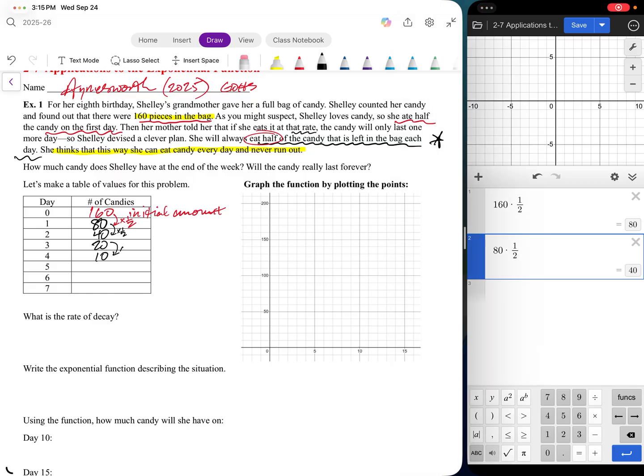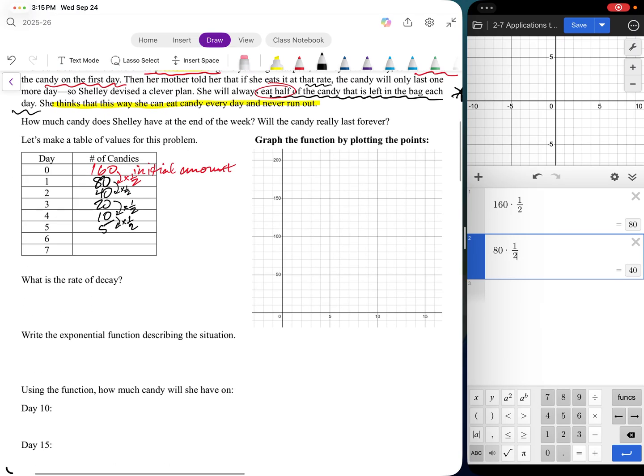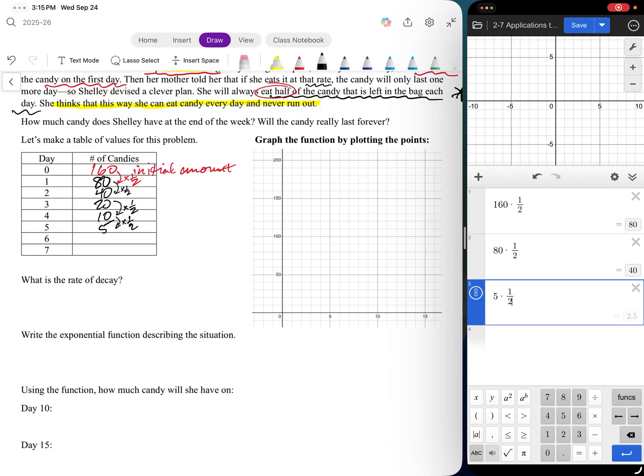Again, we're multiplying by a half here, and half of 10 is 5, and then half of 5 is 2.5. If you don't know that, you take 5 times 1/2, or 5 divided by 2, same thing, and you get 2.5 pieces of candy.